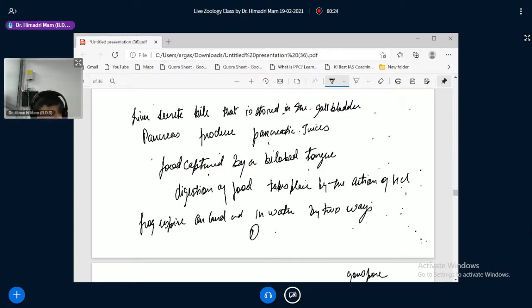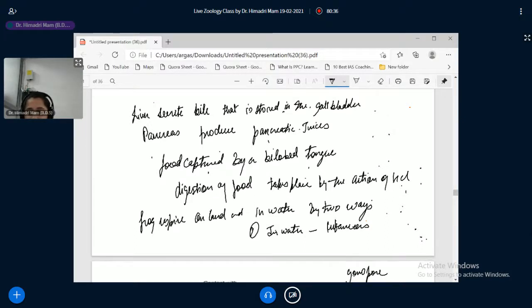In water, cutaneous respiration, through the skin.